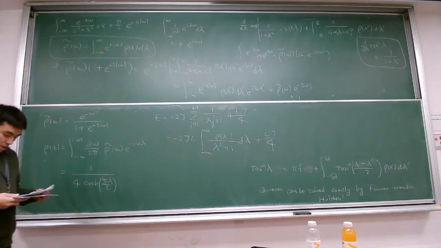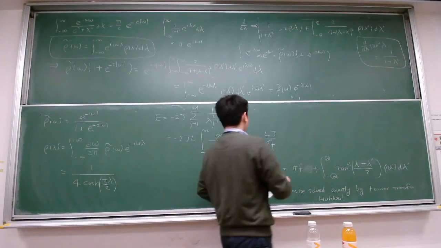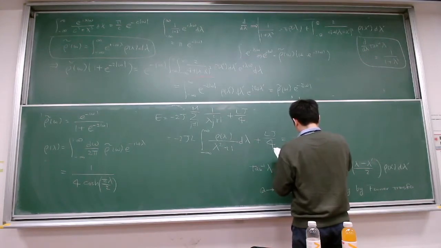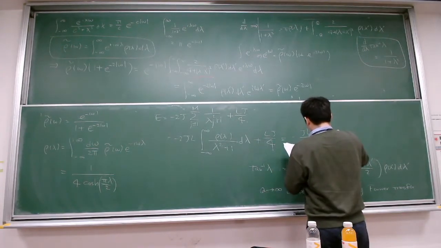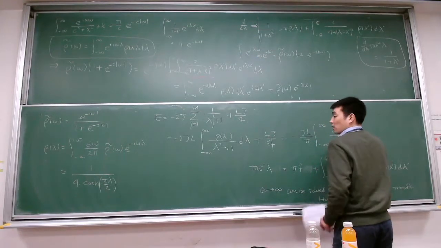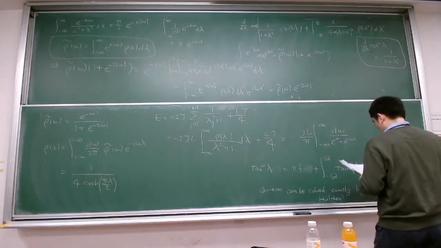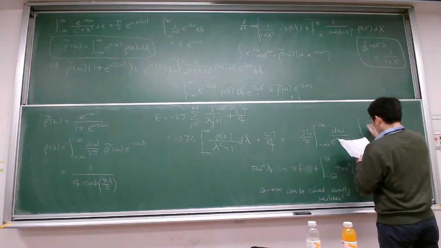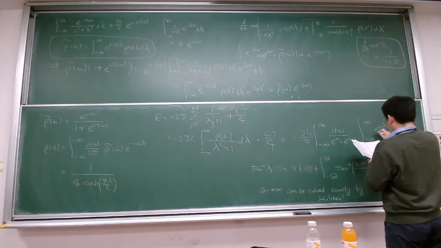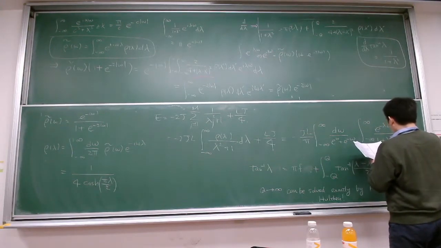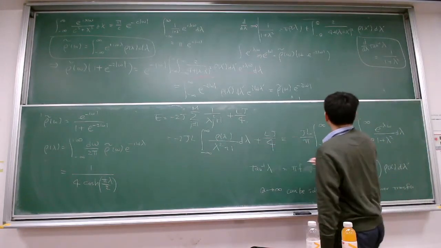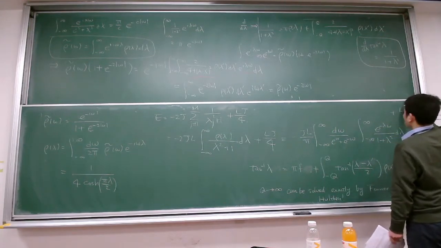Okay, so let's do that. So this one is equal to minus JL over pi, the integral over d omega of e to the minus omega, which is just the cosh over there, and the integral of e to the minus lambda omega divided by 1 plus lambda squared d lambda, plus LJ over 4.